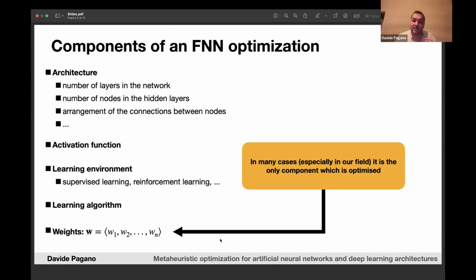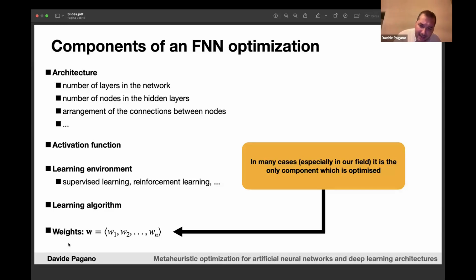First of all, we have the optimization of the architecture, which means the number of layers, the number of nodes, the way we connect them. And then we have options for different things. For example, we have several options for the activation functions. We have options for the learning environment, for example, supervised, semi-supervised, reinforcement learning, unsupervised, and so on. We have many options for the learning algorithm. And finally, we have the optimization of the weights.